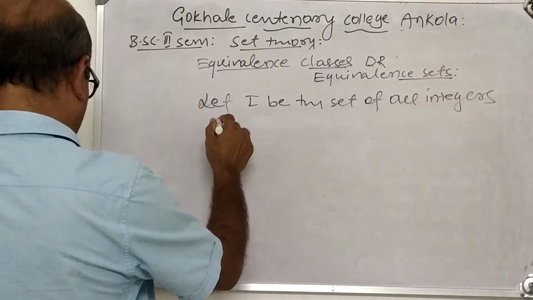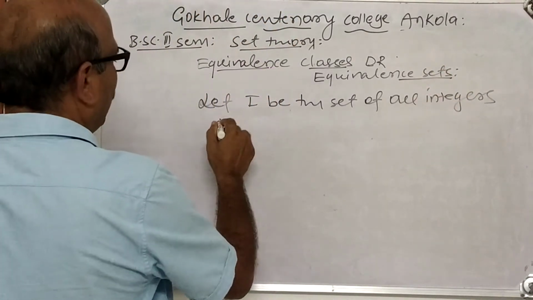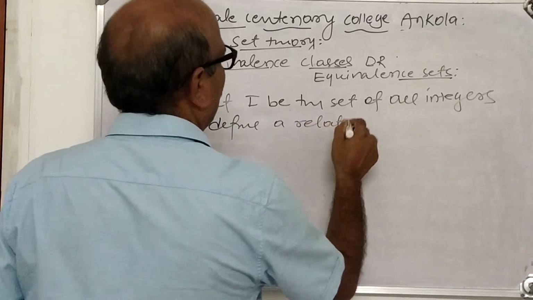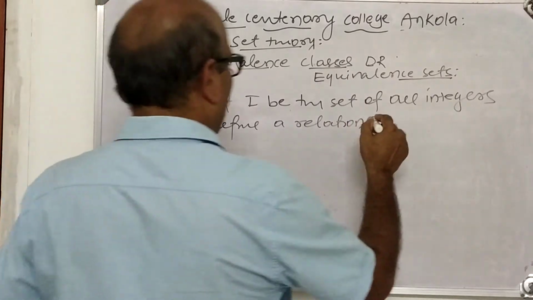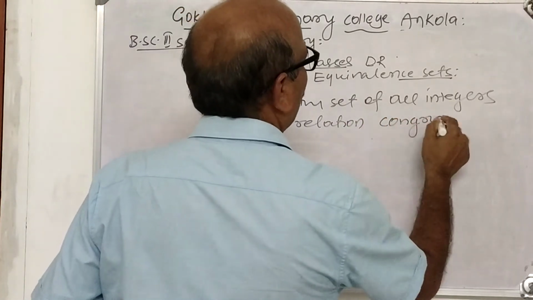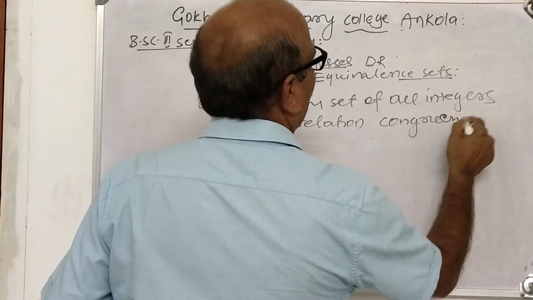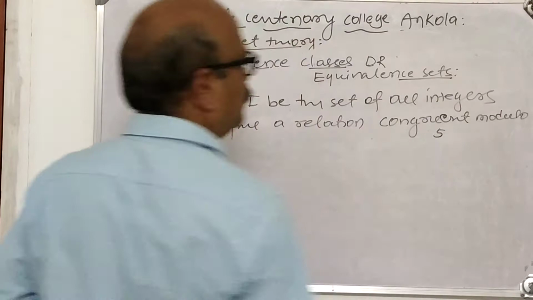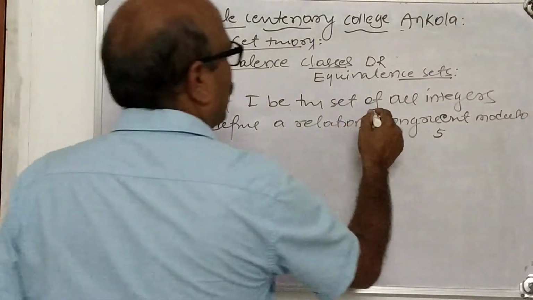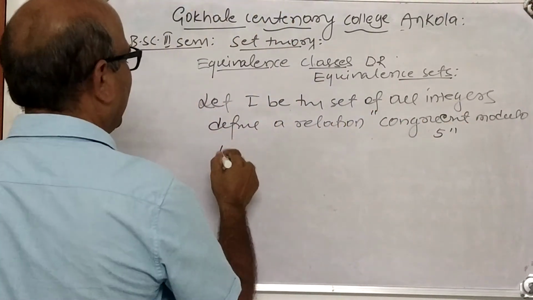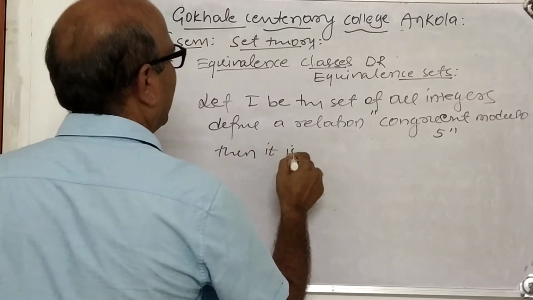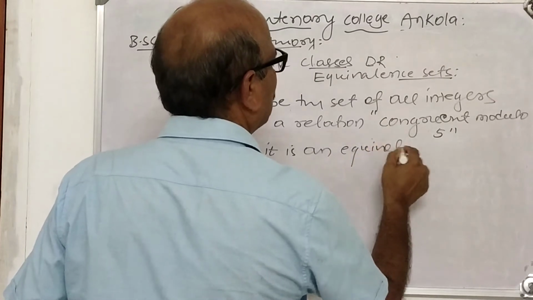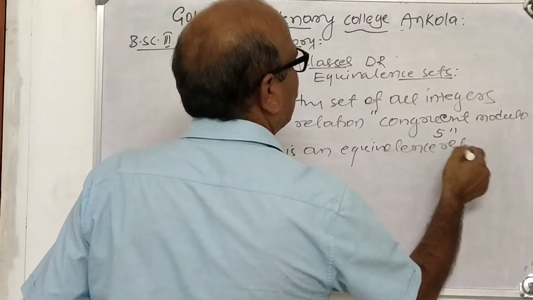And define a relation, congruent modulo m, congruent modulo phi. In I, if we define congruent modulo phi, then it is an equivalence relation.